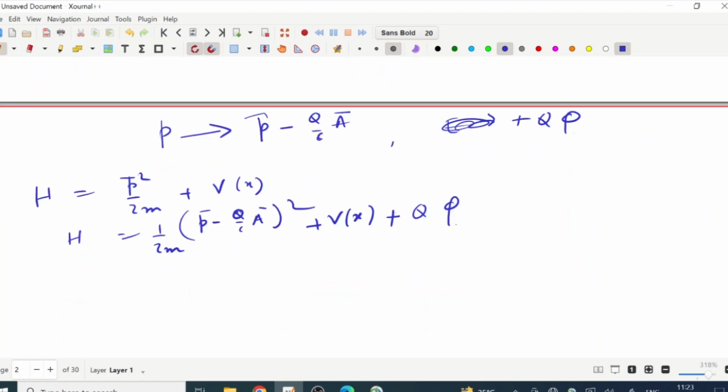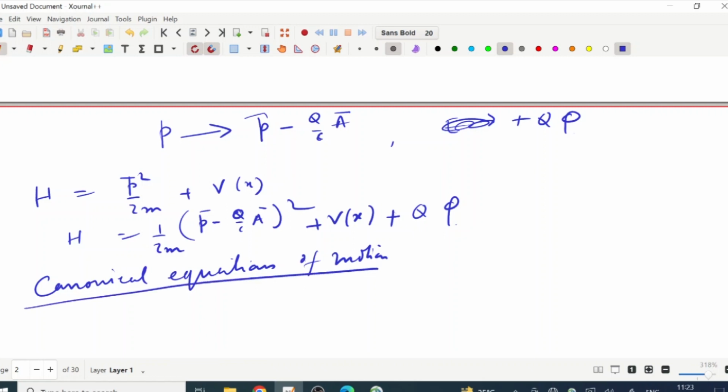So, canonical equation of motion, you can find. That will be x dot equals del H by del p x, y dot equals del H by del p y, and z dot equals del H by del p z.